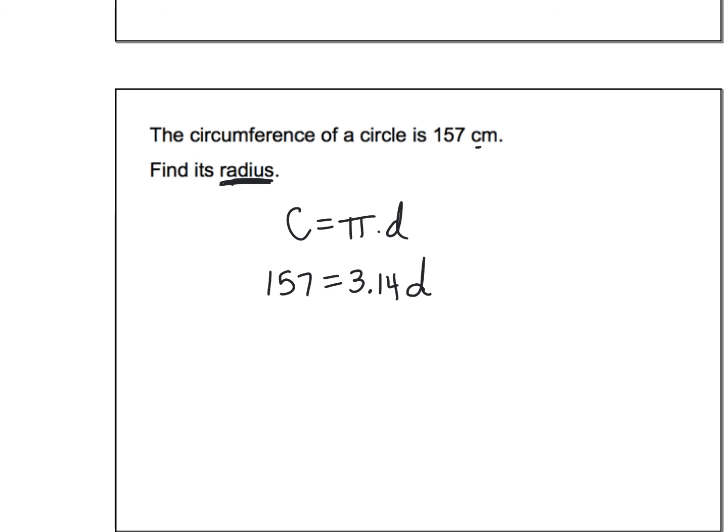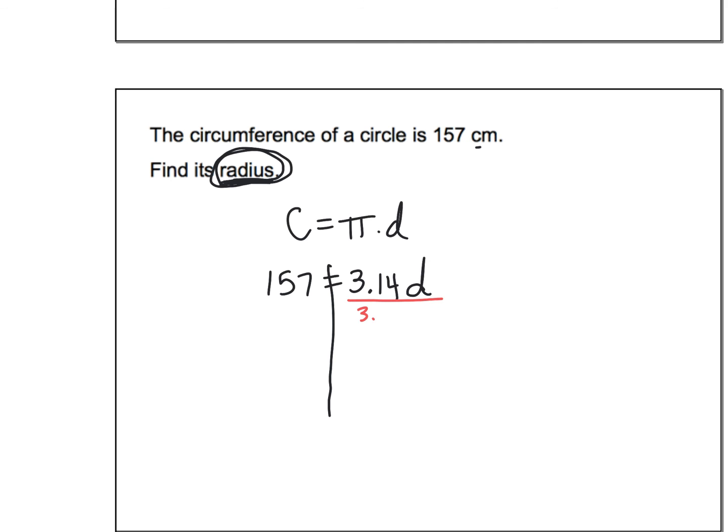Now it's not asking me to find diameter, it's asking me to find radius. But in order to find radius, I need to find the diameter. Okay, so once I find diameter, then I can easily get the radius. So let's start out just like before, we're just solving for D. So we need to isolate that variable by doing the inverse operation.